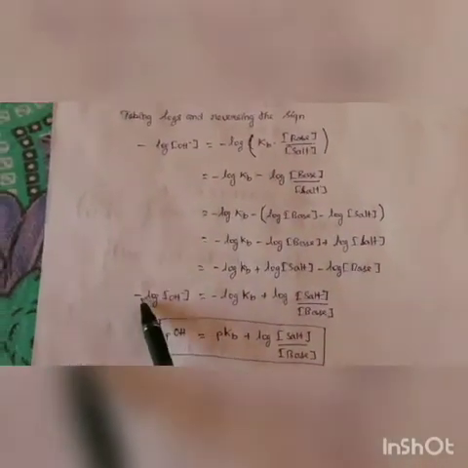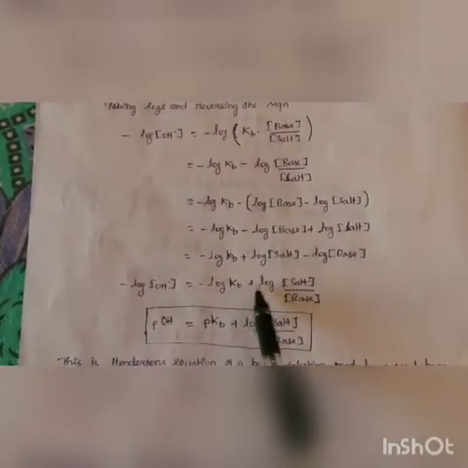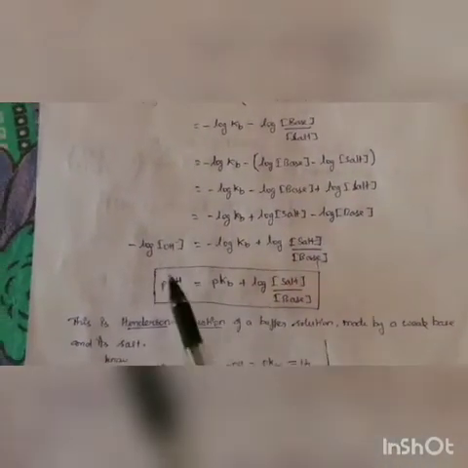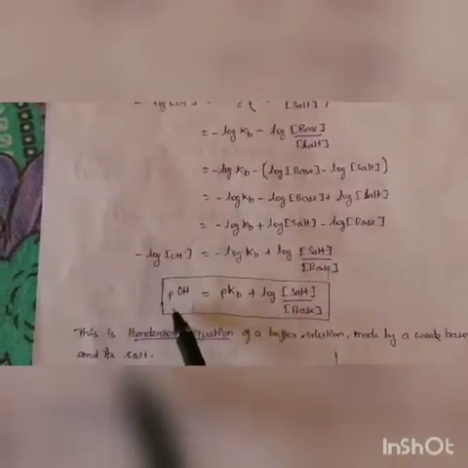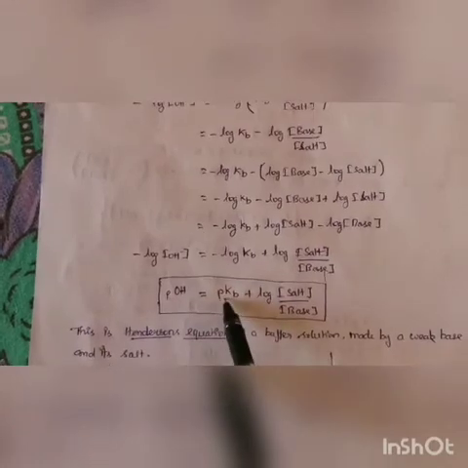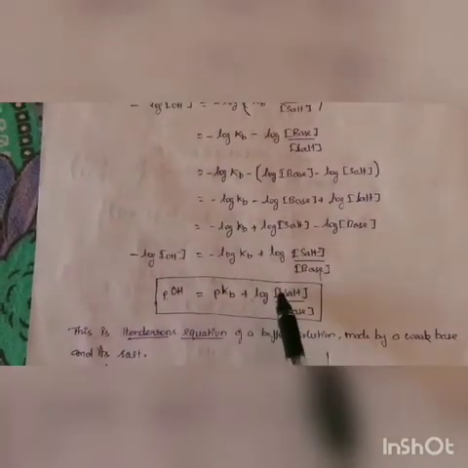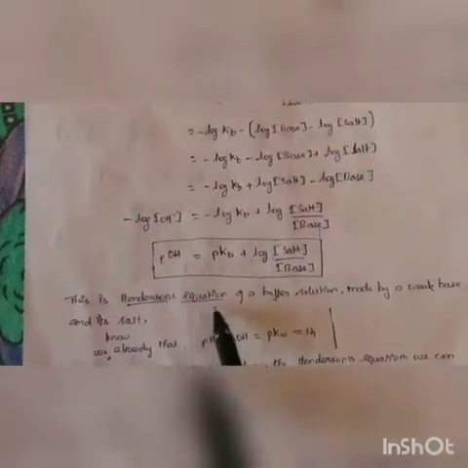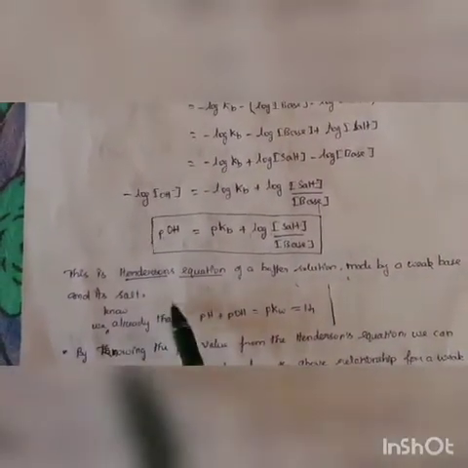So overall, minus log concentration of OH is equal to minus log Kb plus log of concentration of salt divided by concentration of base. So pOH is equal to pKb plus log concentration of salt by concentration of base. This is the Henderson equation for a buffer solution made by a weak base and its salt.